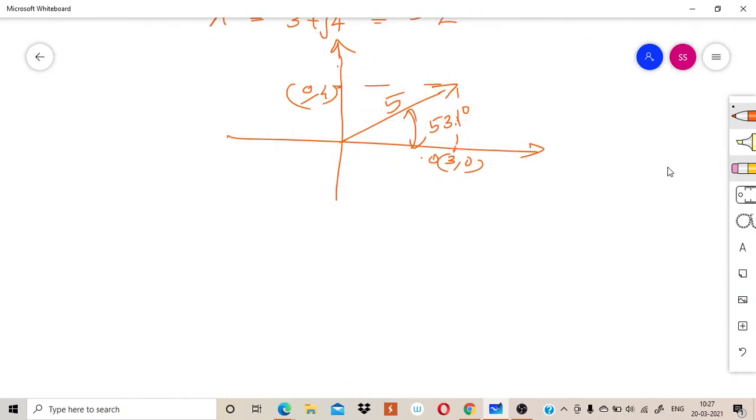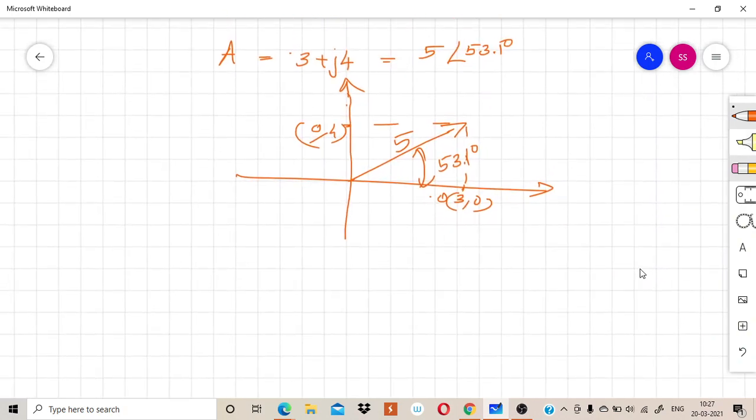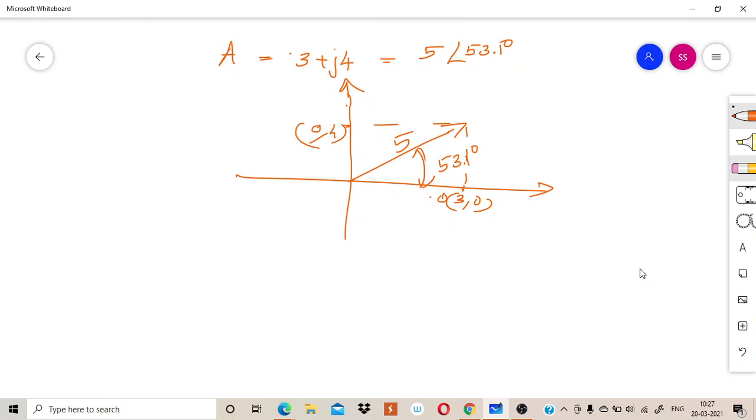Okay, now I'm going to multiply this phasor A by the operator j. In electrical engineering, you can call it an imaginary, but I'm representing it as j, and I'm exclusively taking it as an operator. So let us multiply this phasor by the operator j.